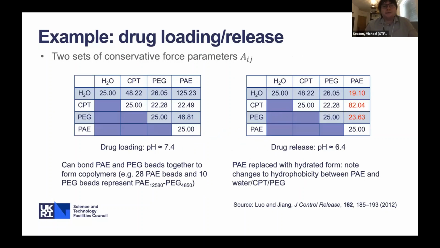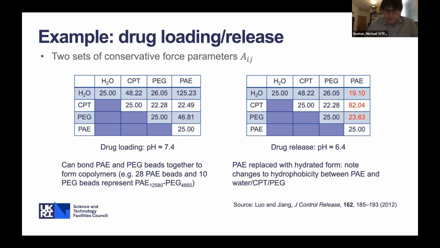The parameters they obtained were basically these here, and they carried out two sets of simulations, one for a higher pH where the drug would be loaded into vesicles, and the other at a lower pH where the drug would be released from those vesicles into solution. One thing to note is that they obtained different conservative force parameters for the polyamino ester between that component and other components. So it becomes considerably less hydrophobic with water, but it repels the camptothecin more than it did before.